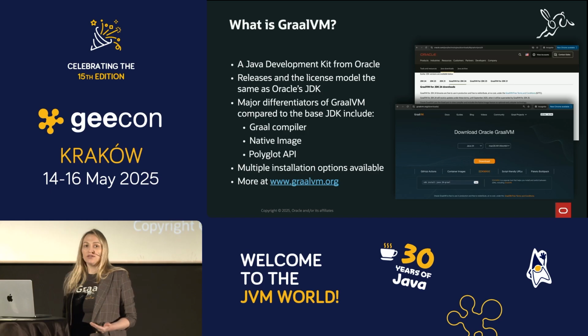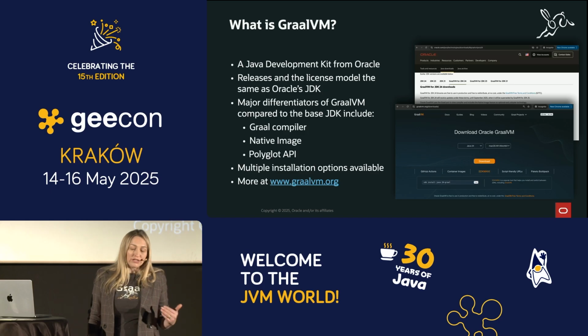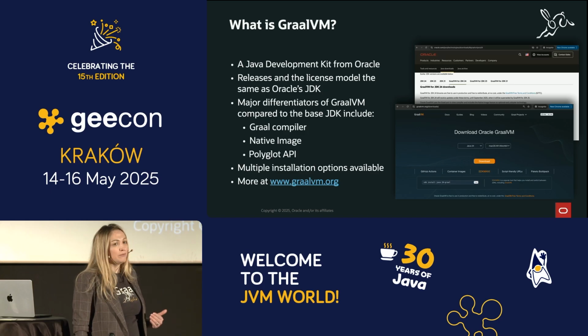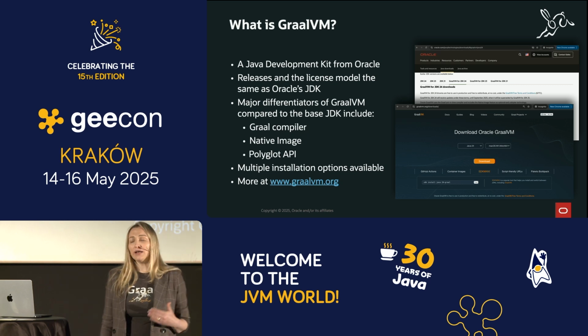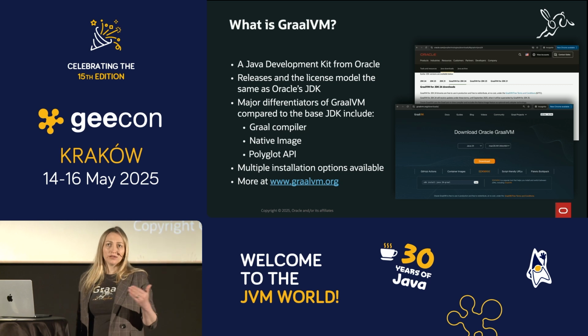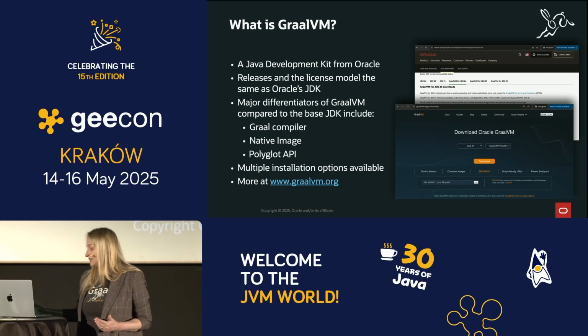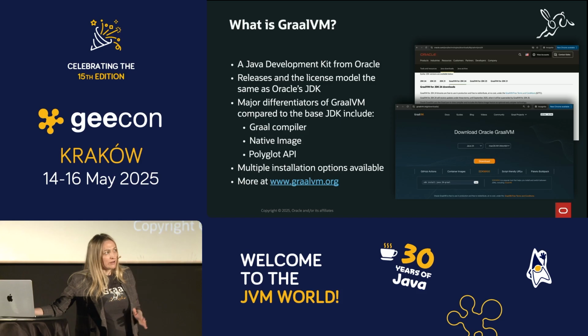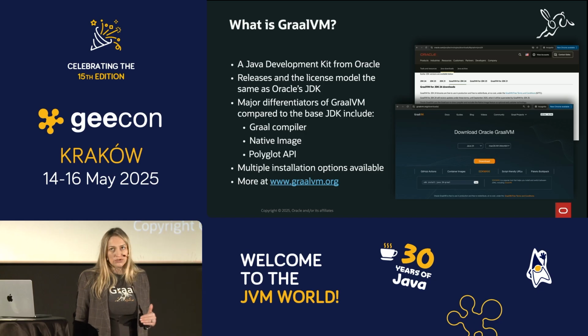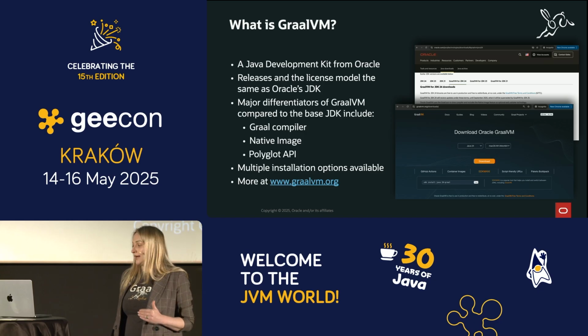What are the major differentiators of Oracle GraalVM compared to the base JDK? The Graal compiler, a just-in-time compiler replacement for C2. It's written in Java. This talk is not about the compiler and the optimizations it does. The second differentiator is native image, and this is the tooling we will be using today, extensively, and explaining.